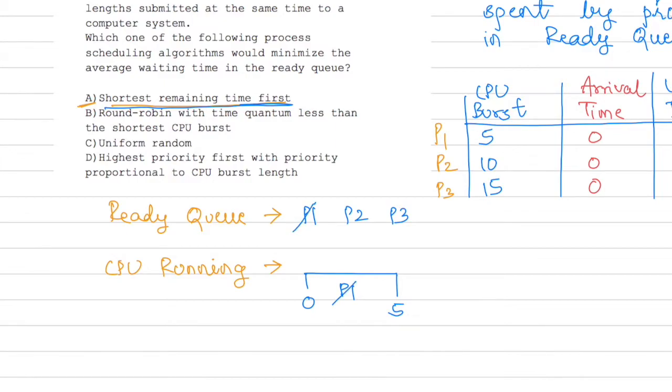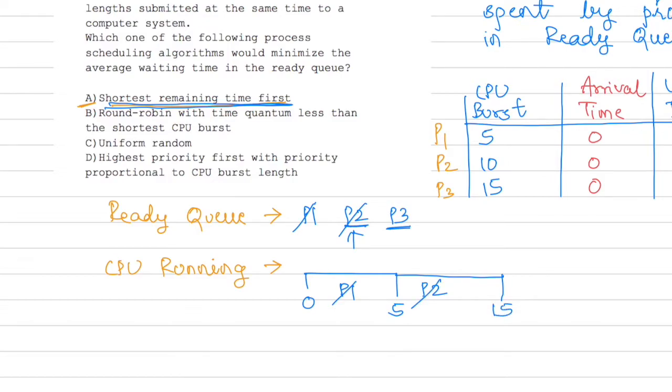Now next we have P2 and P3. From P2 and P3 we have to select one. We have to select the shortest remaining time first. So P2 gets selected. So P2 goes out of the ready queue. It is picked up for CPU running, and it will run for its time period of 10 seconds. It has a CPU burst of 10 seconds. So from 5 to 15, and then P2 also goes out of the system.